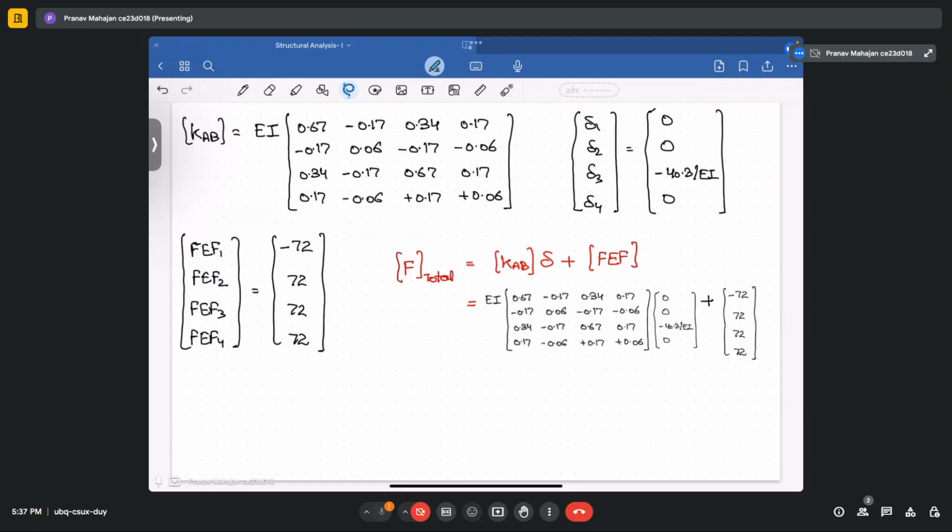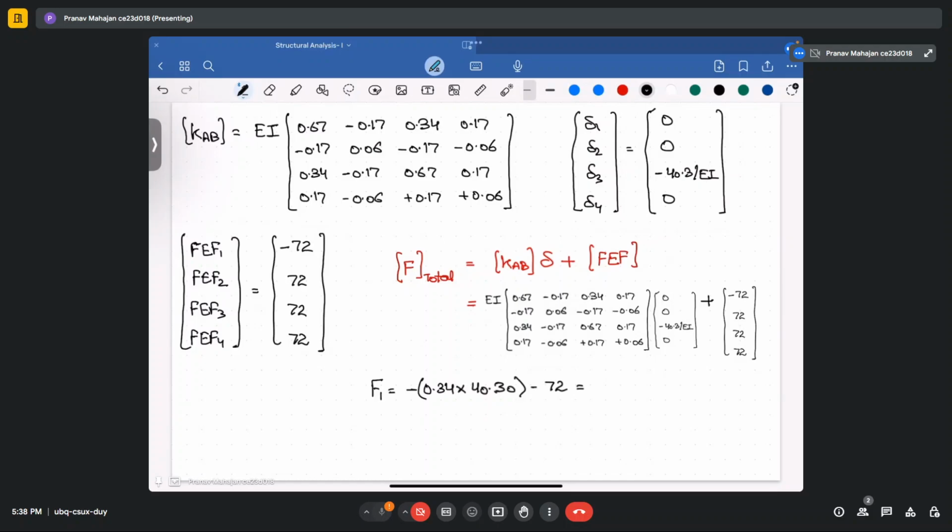Okay. So from this, how you will get F1, F2, F3, F4? Now we will write. So your F1 will be equal to your third value of this matrix minus 0.34 into 40.3 minus 72. What you will get?